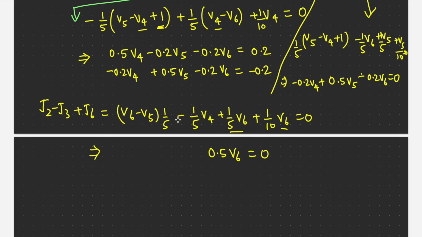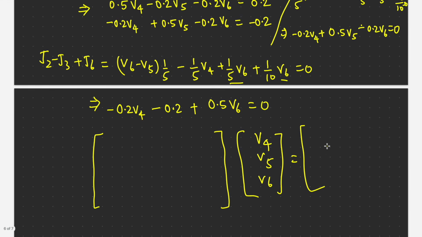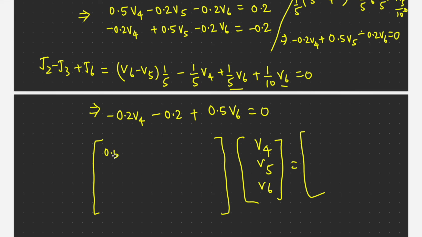Then we have V4 and V5, both minus 0.2. So our equation for V4, V5 and V6 is, we can put all these values, which is 0.5, minus 0.2, minus 0.2, and then here minus 0.2, 0.5, minus 0.2, and finally minus 0.2, minus 0.2 and 0.5.